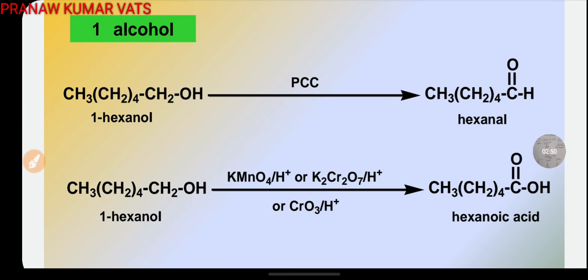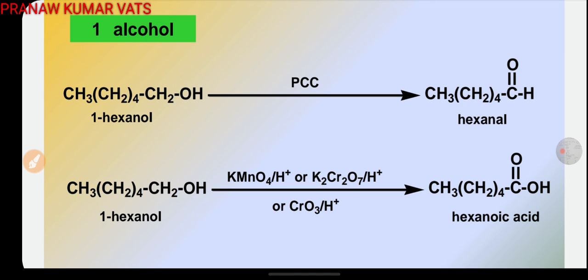So here are some examples. CH3(CH2)4CH2OH, 1-hexanol, when treated with PCC, the CH2OH part will be oxidized to CHO part.